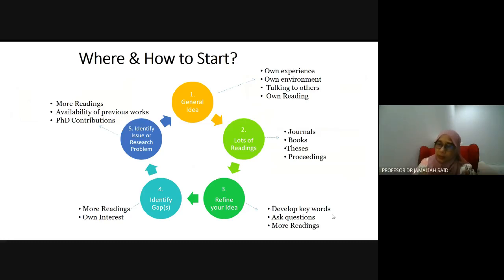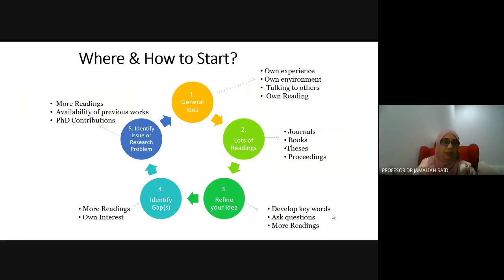Oh, this thesis is using an outdated theory, but the variable is very good. Oh, this thesis, the theory is the latest, but the variable is not suitable in the context of Malaysia, for example. Or the other thesis is good because of something.